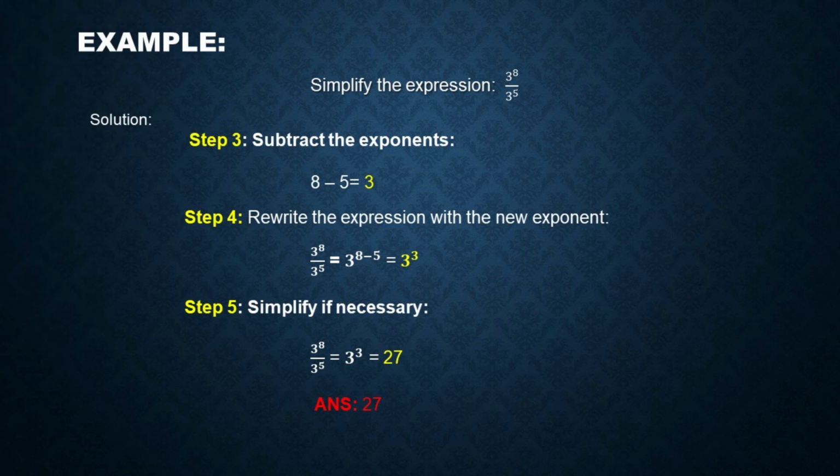Step 3. Subtract the exponents. 8 minus 5 is equal to 3. Step 4. Rewrite the expression with the new exponent. 3 raised to 8 over 3 raised to 5 is equal to 3 raised to 3. 3 raised to 3 is equal to 27, therefore the final answer will be 27.